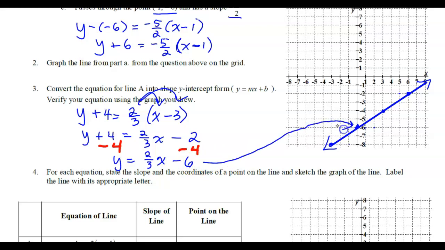It's -6. Okay? You know you've done it correctly. So it's just a different way of showing the equation. It's an easier way. This one would be obviously easy to find the equation in slope-intercept form because it had a nice y-intercept. They just don't always do.